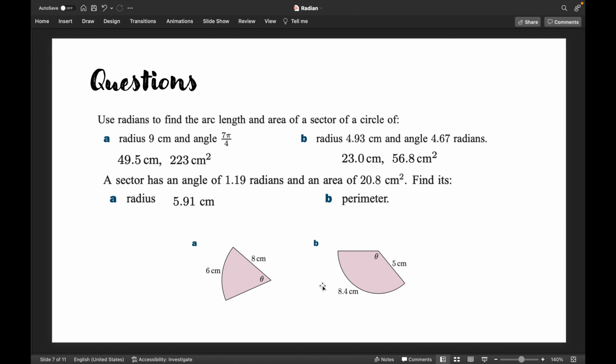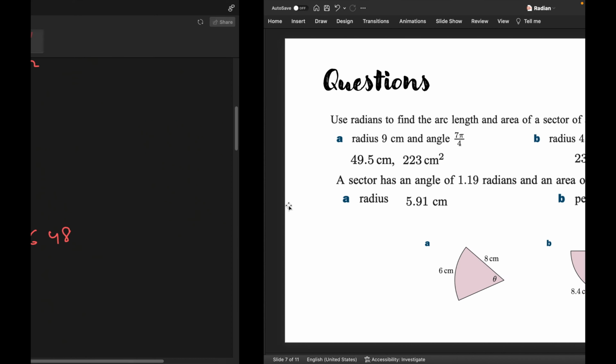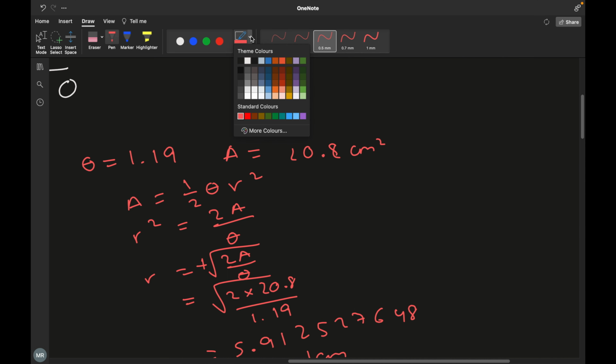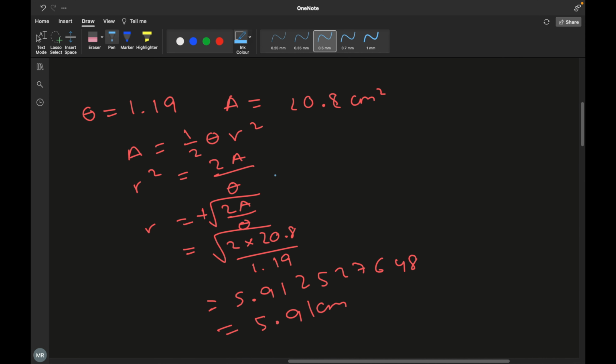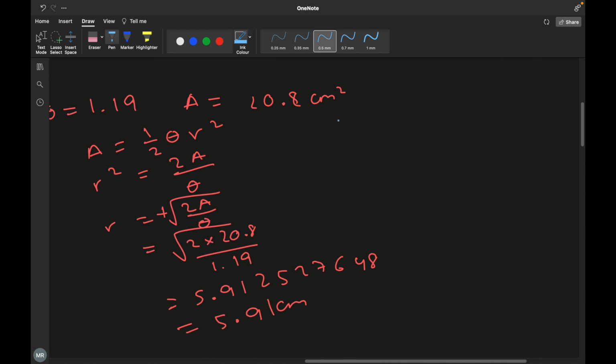And now we have to find the perimeter of the sector, I think. Yeah, so to find the perimeter, let's draw the sector. Ignore the bad drawing. So this is r, and this is theta r.